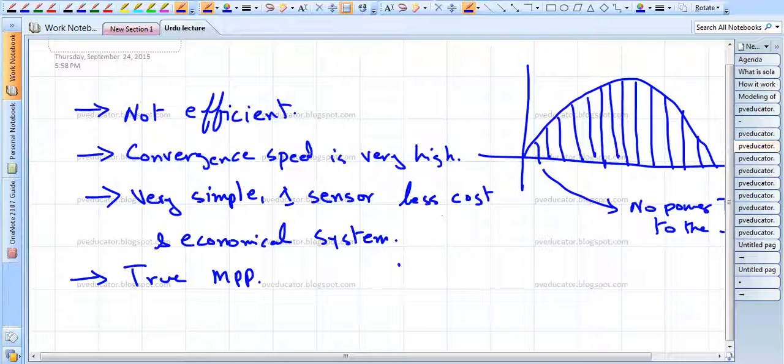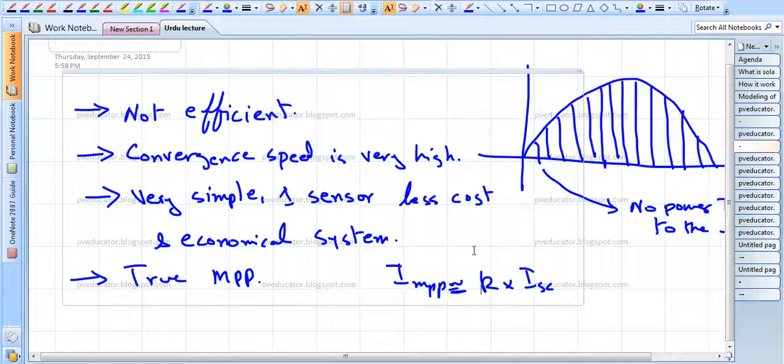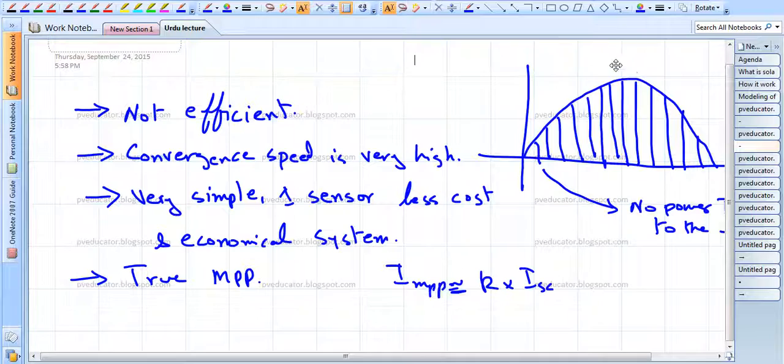We stated that IMPP is approximately equal to K times ISC, and this approximately equal sign shows that it never operates at the true maximum power point. So I suggest that this method is good for those applications where we don't need very highly accurate photovoltaic systems.